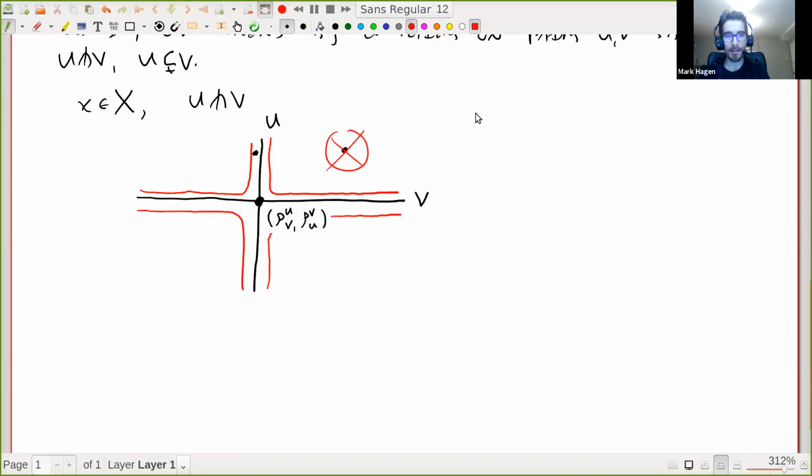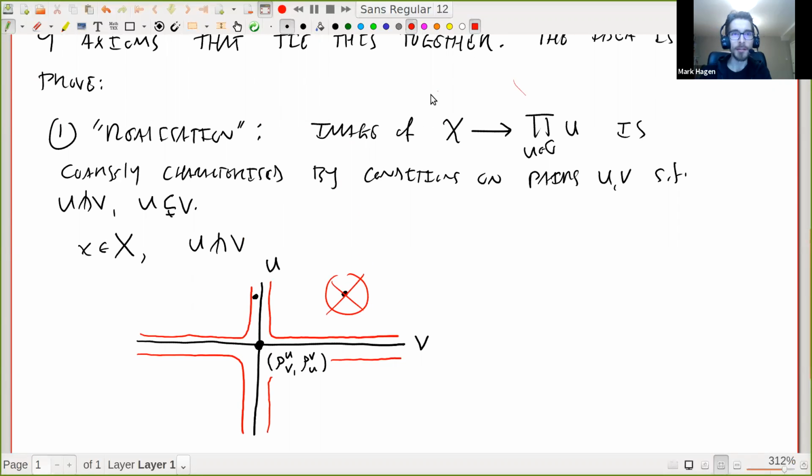And then, okay, I'm going to need another page.